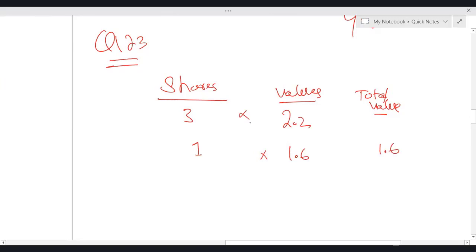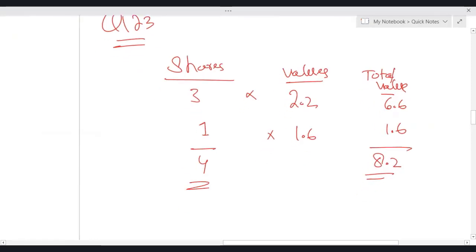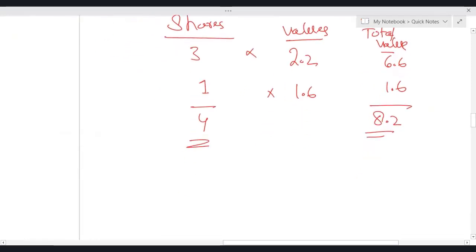So 3 multiplied by 2.2, I'm getting 6.6. Then 6.6 plus 1.6. We can say that 4 shares have a total value of 8.2. So what will be the value of 1 share? That is the theoretical ex-rights price. Theoretical ex-rights price means the share price after the rights issue. That is 2.05.